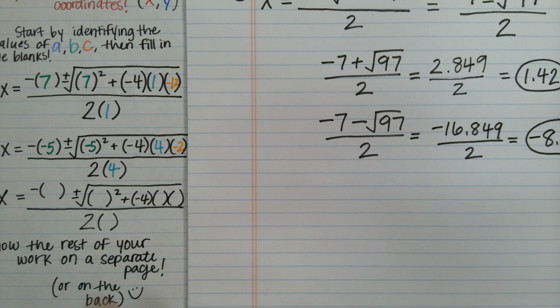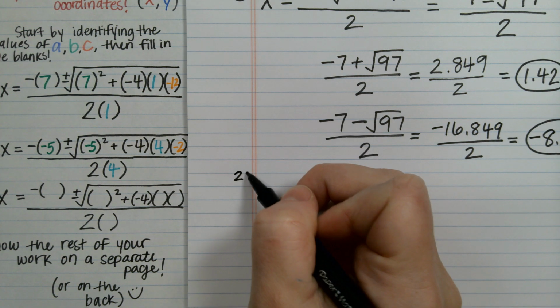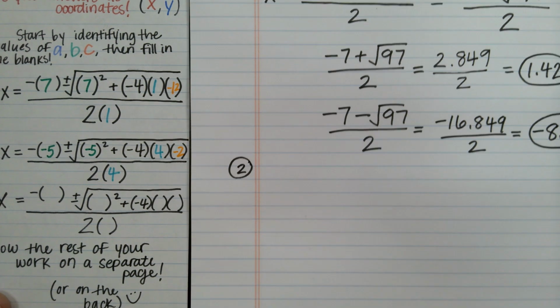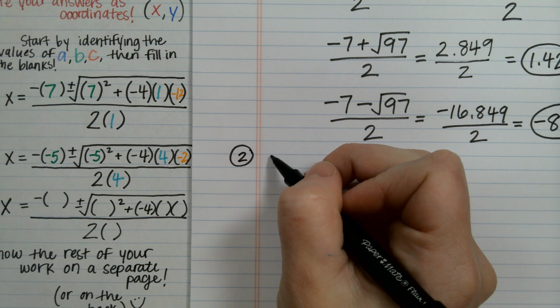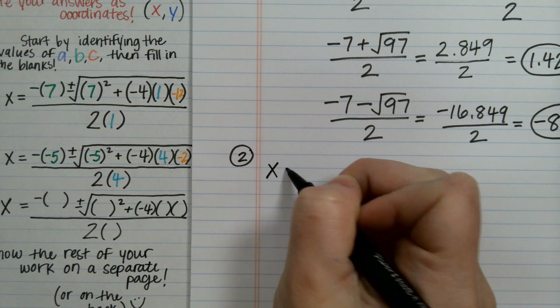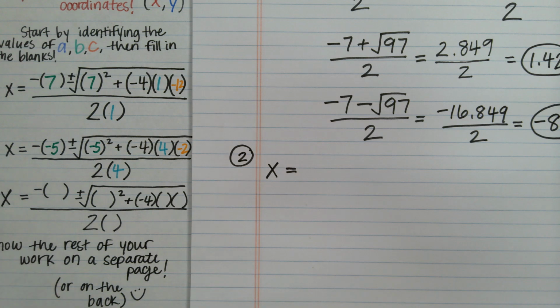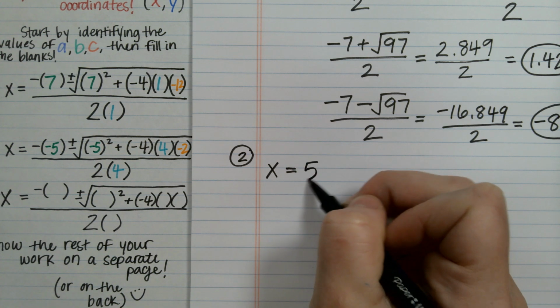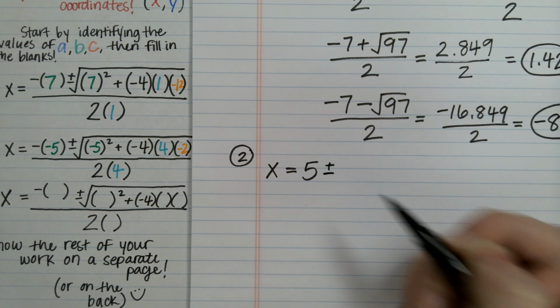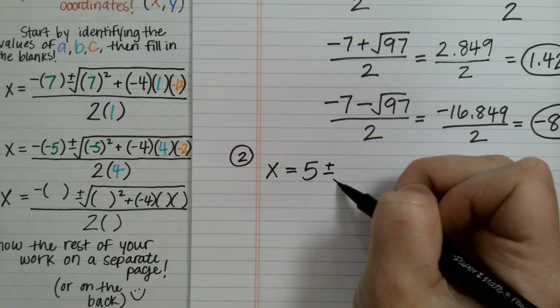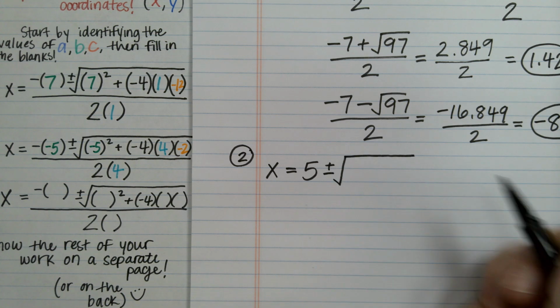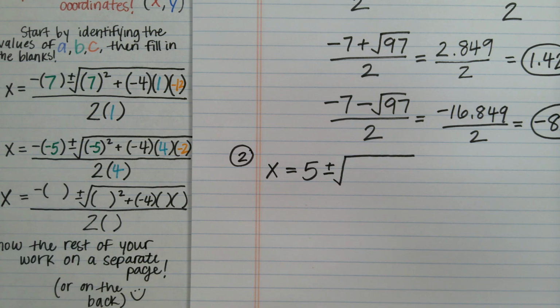Okay, so I'm going to write number 2. X equals 5. Okay, so we've got x equals our 2 negatives here. They cancel out. This makes a positive 5. 5 plus or minus the square root. -5 squared, that's positive 25.